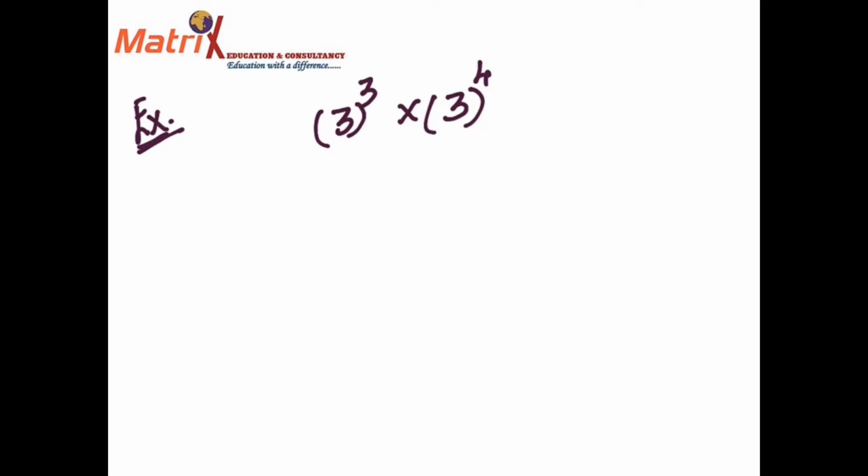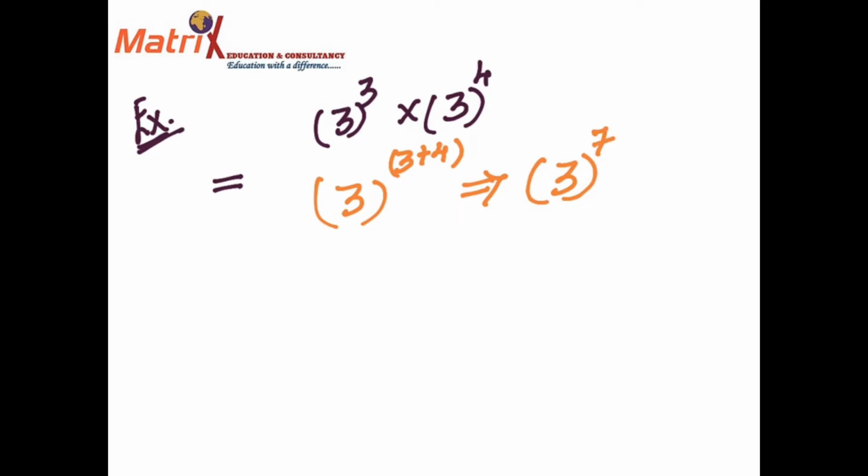I have written another example on the board: 3 raised to the power of 3 multiplied by 3 raised to the power of 4. So how are we going to simplify? 3 is the common base. Write 3. Now, what shall be the power? 3 plus 4. And I can rewrite this as 3 raised to the power of 7.